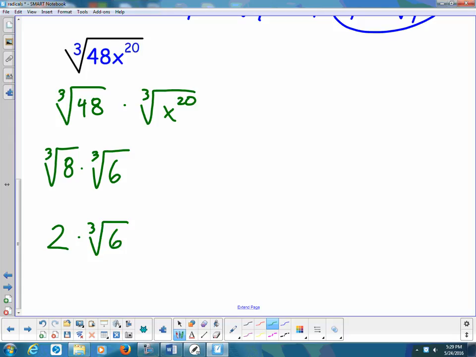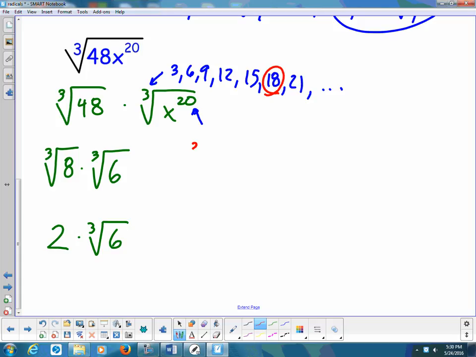And then here, 20 is not a multiple of 3, but it is bigger than 3. So let's list some multiples of 3. And we want the largest number in that list that's less than 20. So in this case, that would be 18.